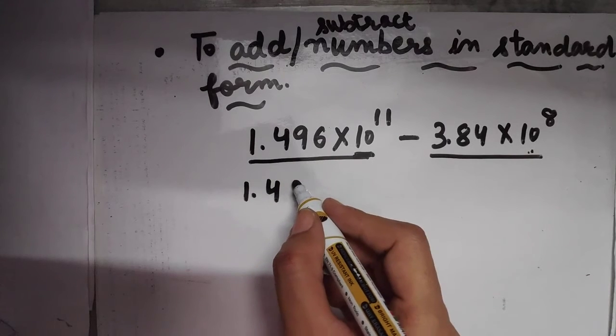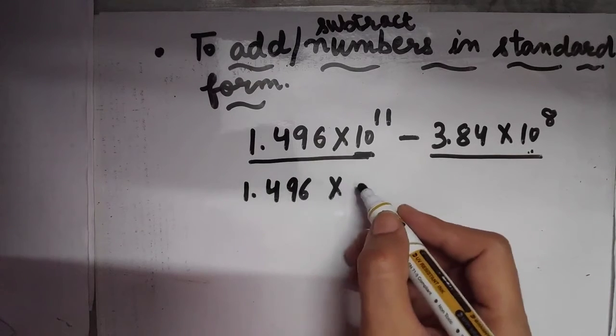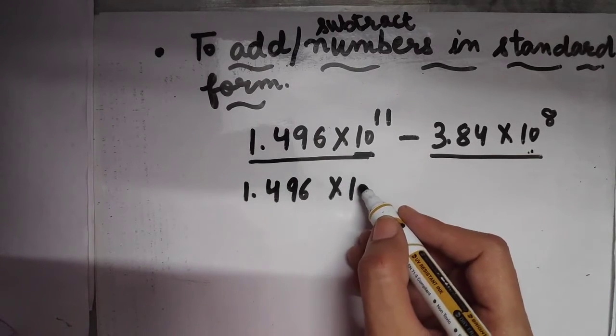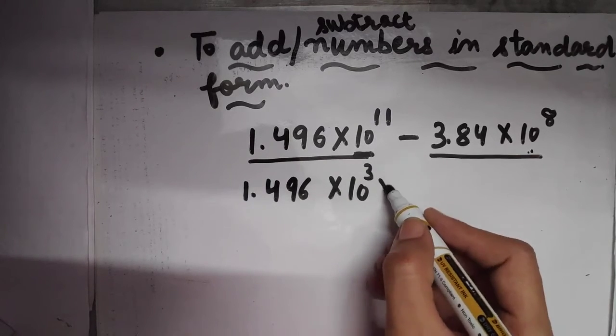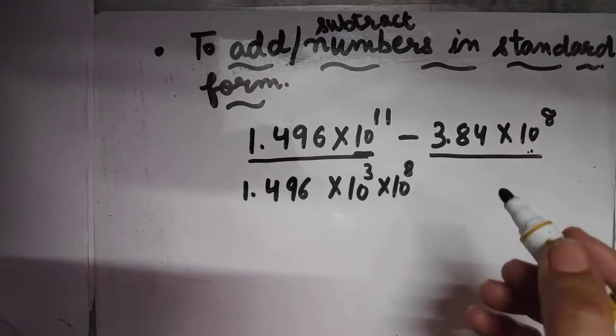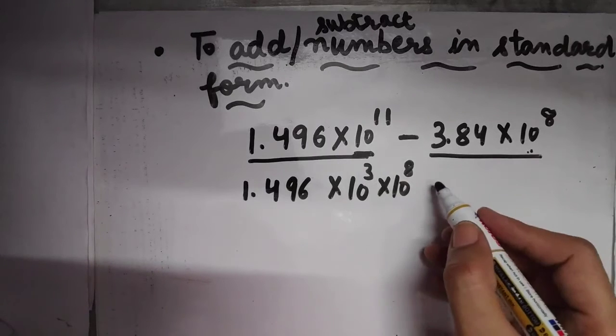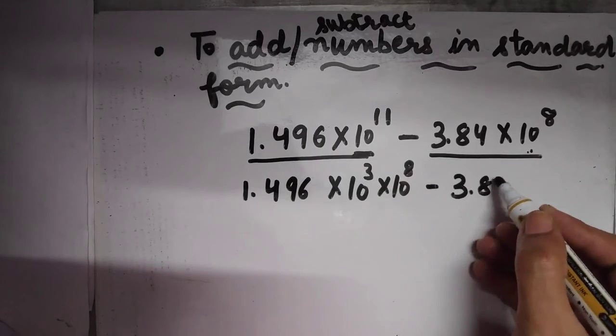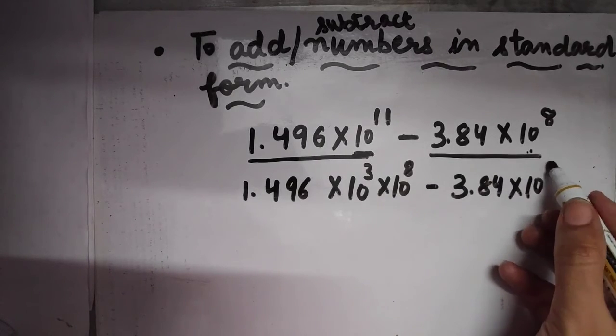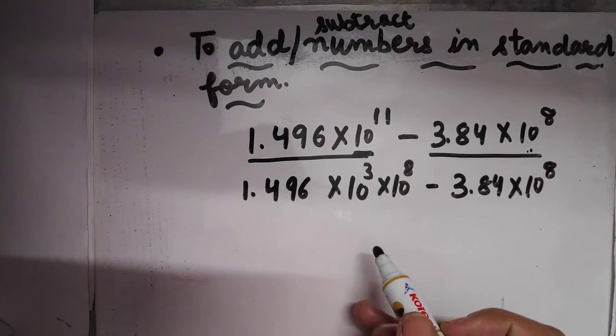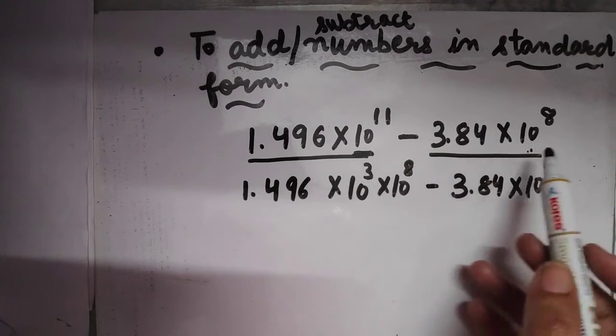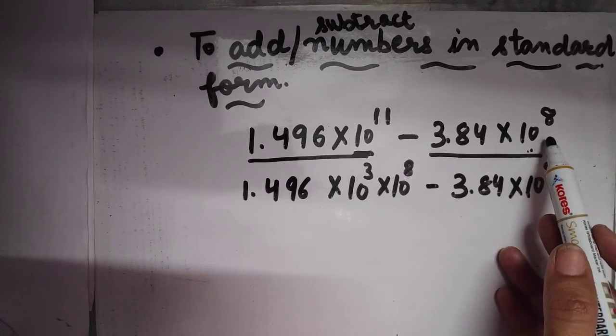It will be 1 decimal 496 into this. I can write it like 10 raised to the power 3 into 10 raised to the power 8, and 8 plus 3 is 11. As I told you, you are supposed to convert the numbers to the same exponent. Here the minimum exponent is 10 raised to the power 8.